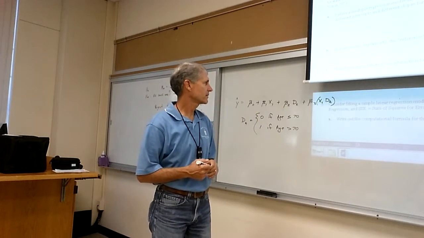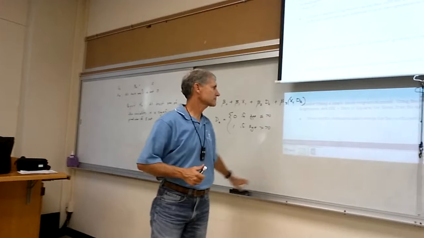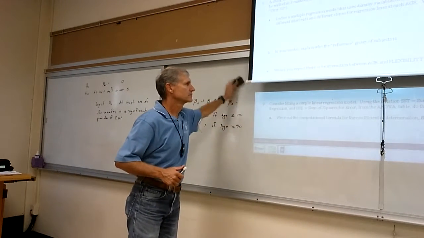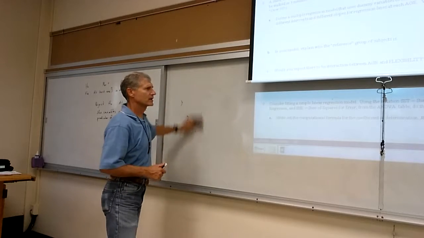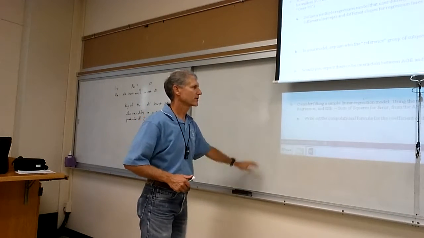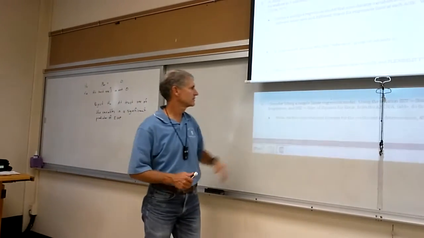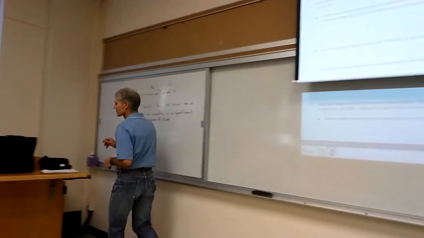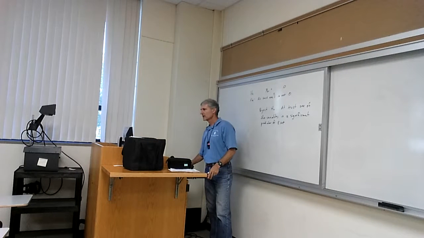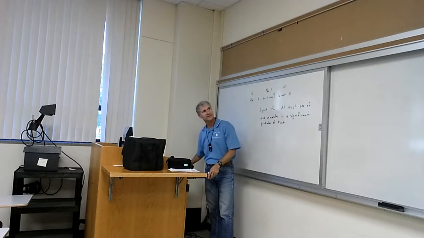All right, so what about number 9? What are we asking? Computational formula for the coefficient of determination. Let me scroll that up a little ways. Oh yeah, this is the proof question. Okay.